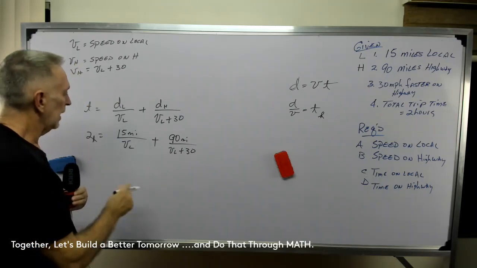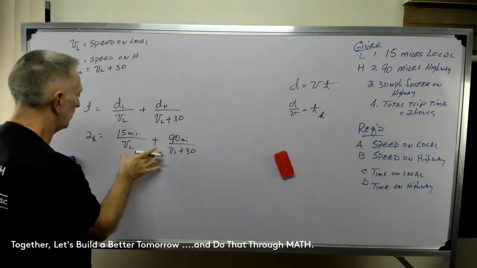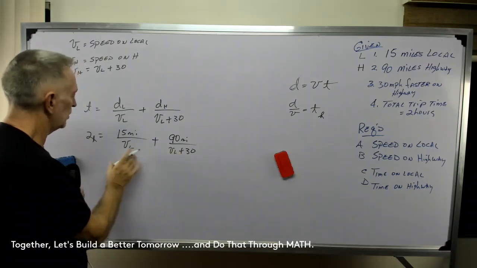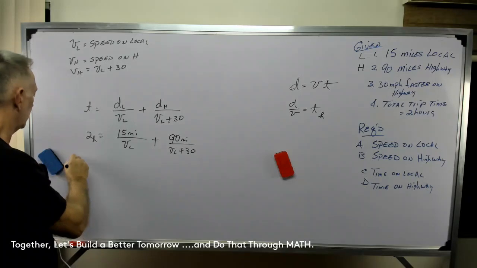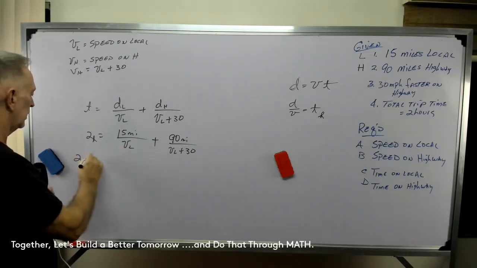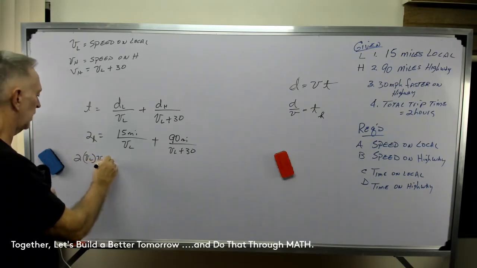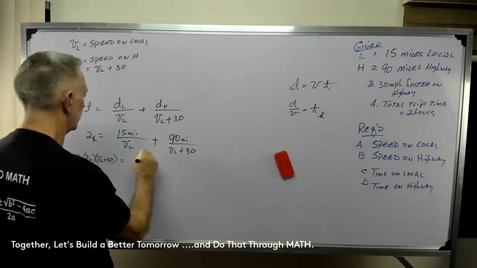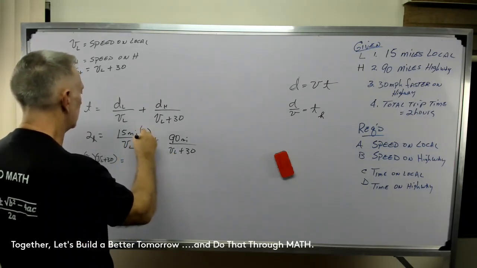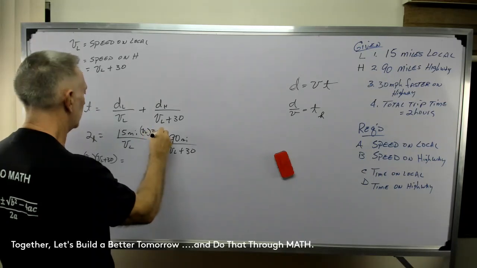Okay, now I can multiply everything by a common denominator here. So I would have 2 times V sub L times V sub L plus 30, and that equals, I'm going to multiply this by V sub L times V sub L plus 30.